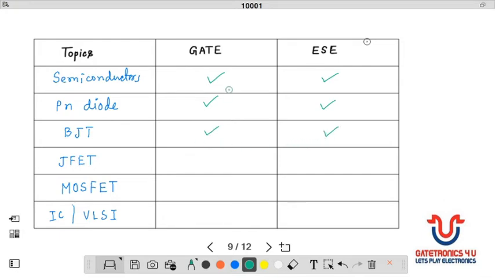But in the GATE syllabus JFET is not mentioned. So for GATE JFET is not required, but for ESE JFET is required. MOSFET is required for GATE as well as ESE, and the IC technology or the VLSI technology will be required for both GATE and ESE. So in this way we can compare the GATE and ESE syllabus.